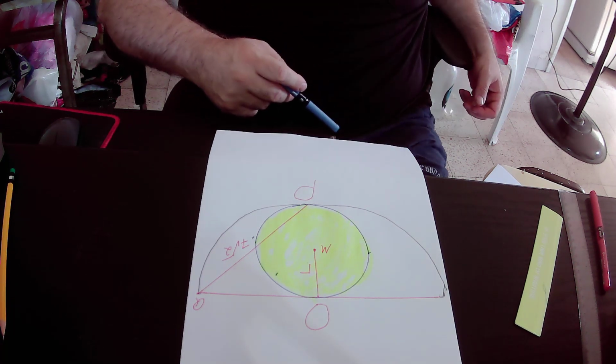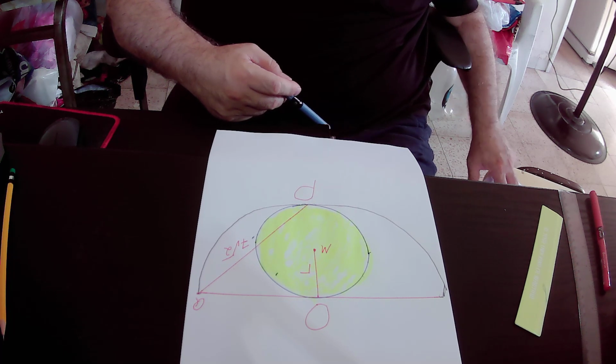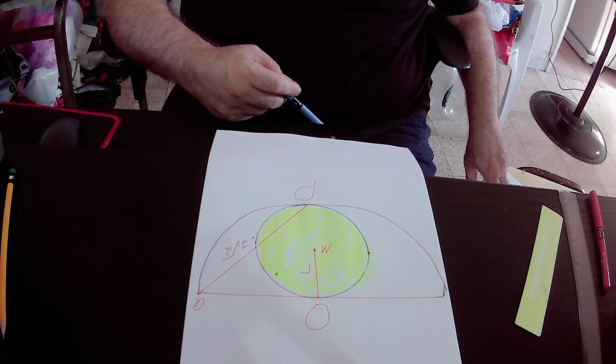So rule number 1 states that their point of contact lies on the straight line joining their centers.